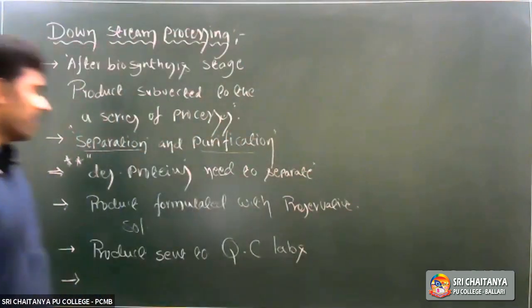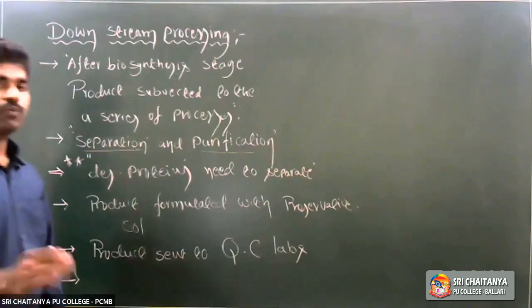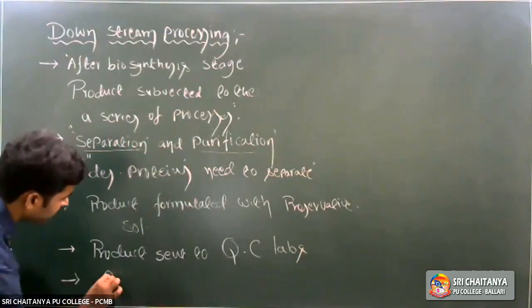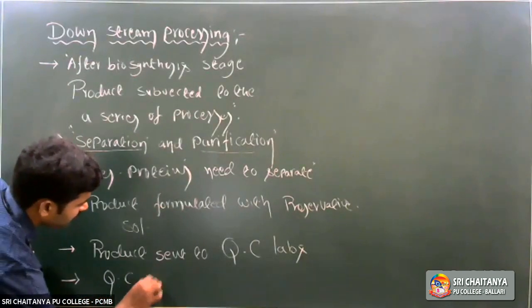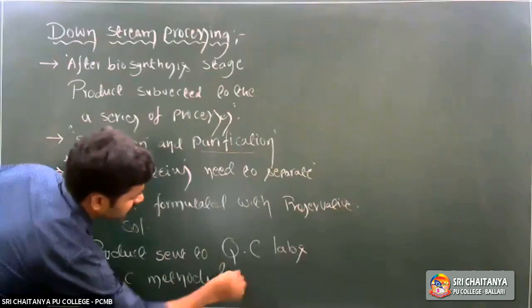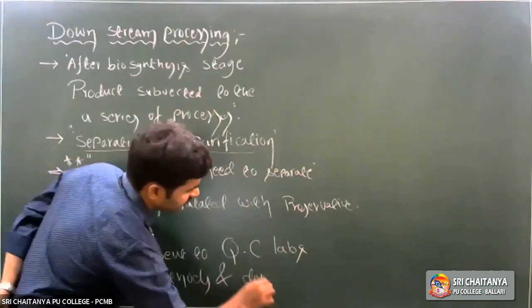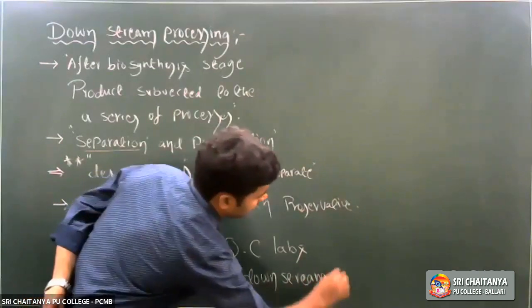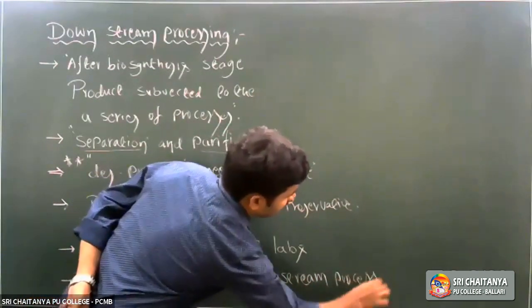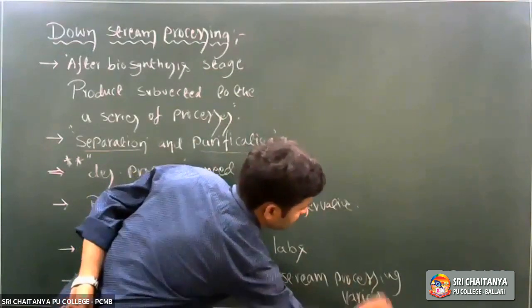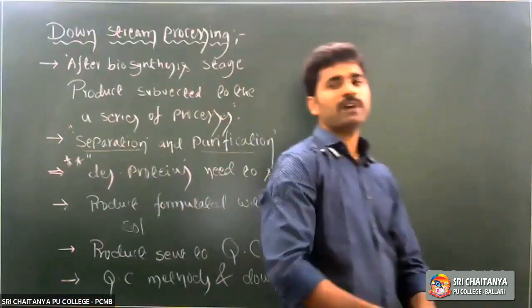Downstream processing and quality control methods vary from one product to another product.